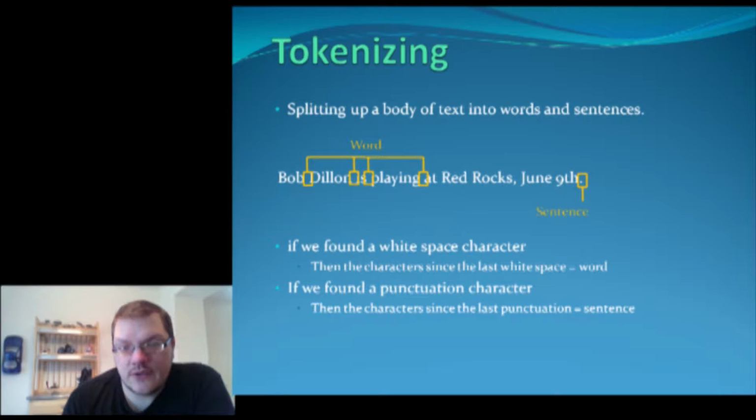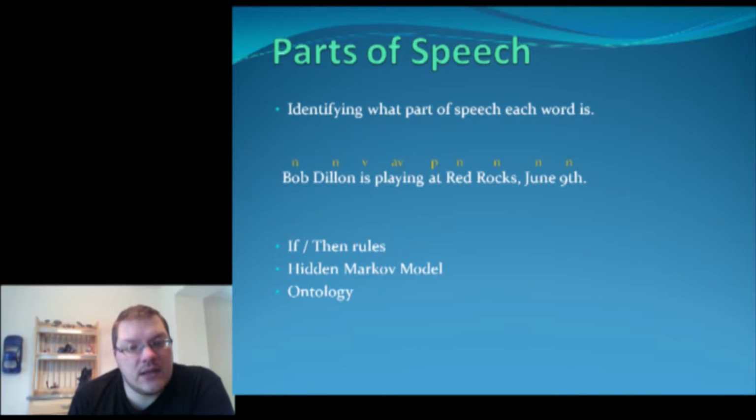And then also for the sentence. So we break up this entire document into a bunch of sentences and a bunch of words, and now we have at least some idea of what's going on from a computer perspective, because now we've tagged it into a higher level of meaning.